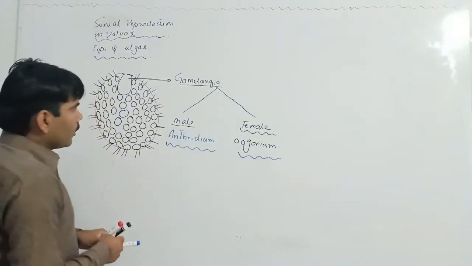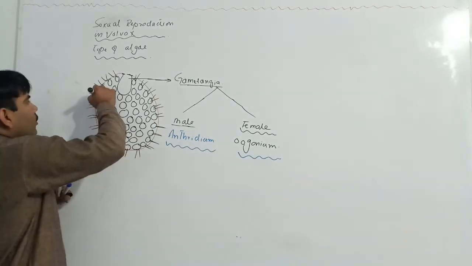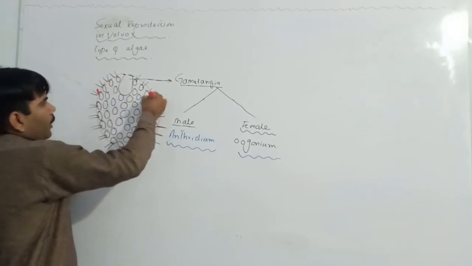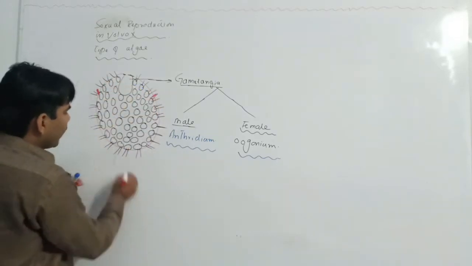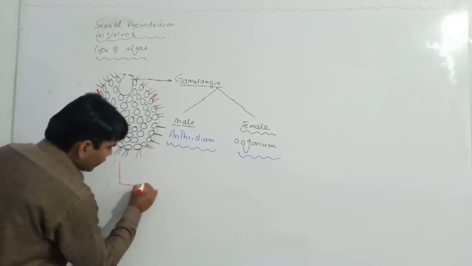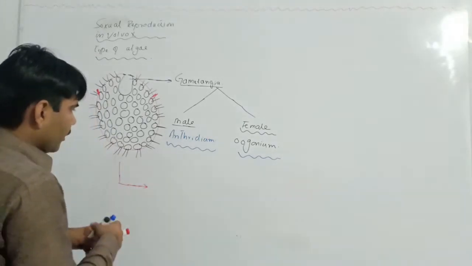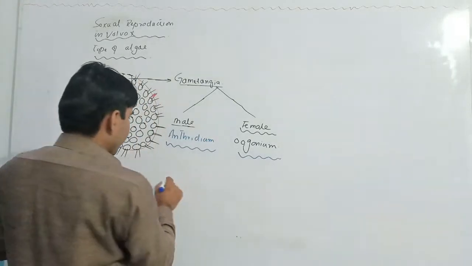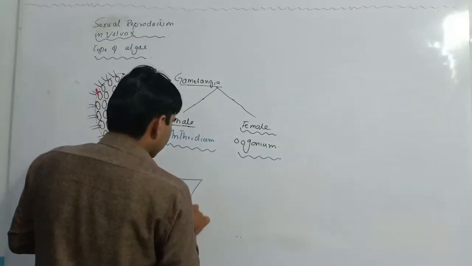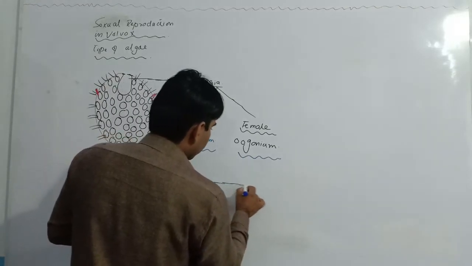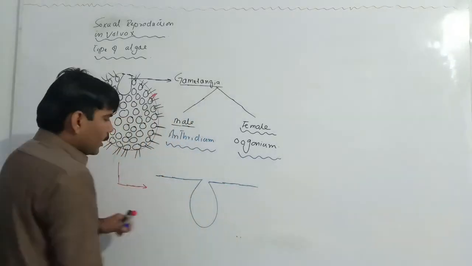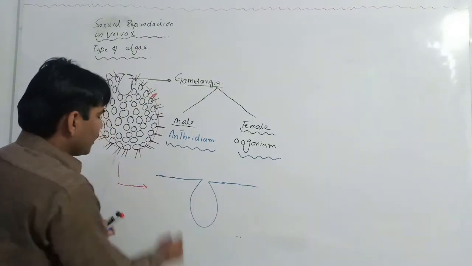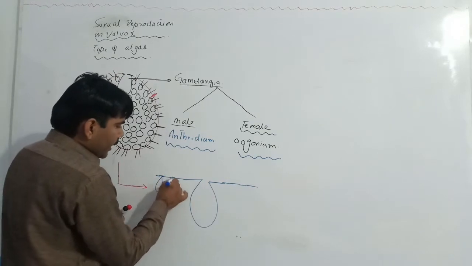If we take this colony portion from this point up to here, then we can draw it like this. I am drawing this portion from this point up to here. This is basically a Gametangia which is acting as a male Gametangia, and here are the cells.